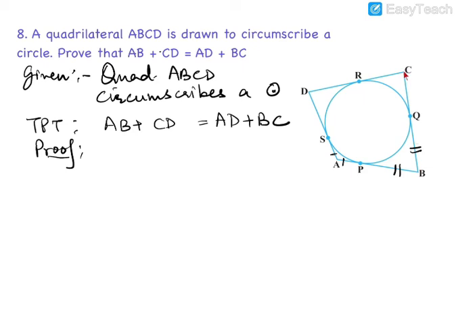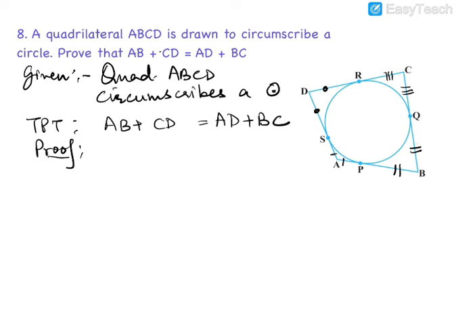From point C, the tangents are RC and CQ, so they are going to be equal in length. And from point D, we have tangents DR and DS. So these two are going to be equal.